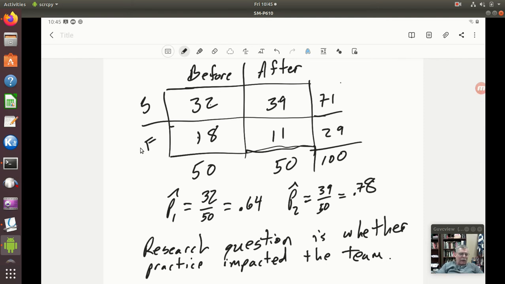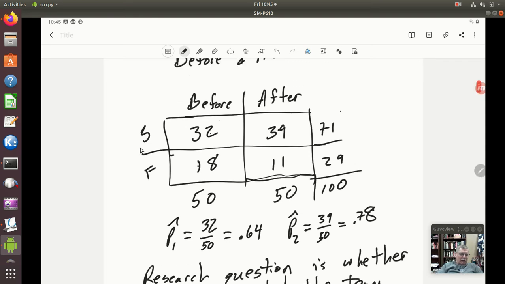Now, as we look at that, another way to ask that is, is there a difference in the before and after proportions? Another way to look at that is, is there a difference in the relative proportions of these two columns?